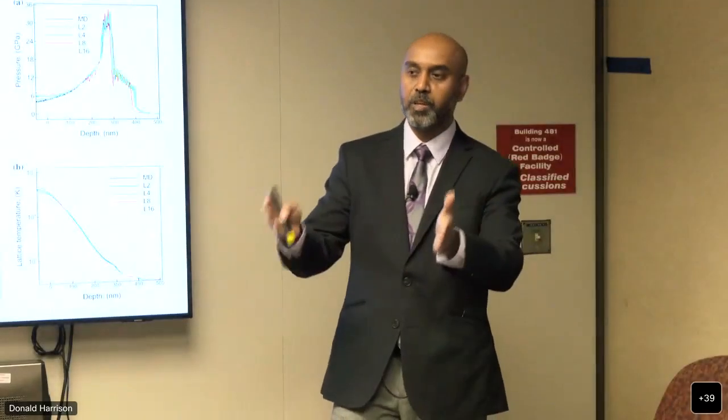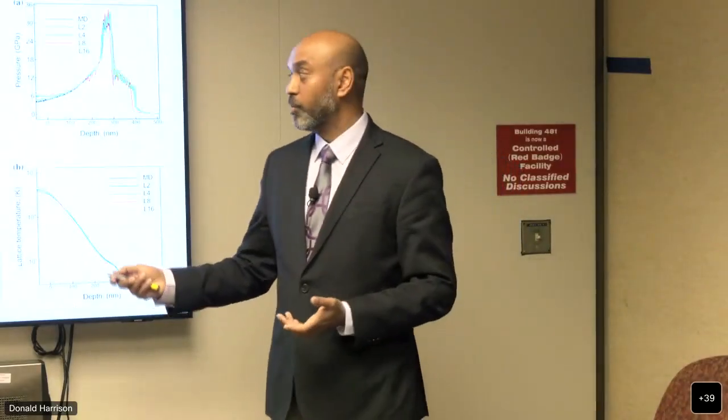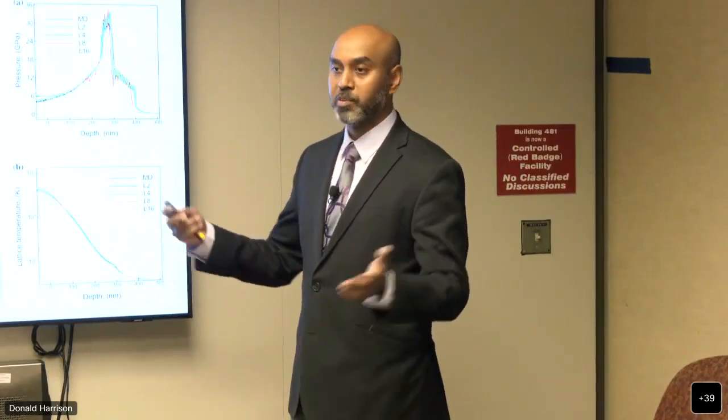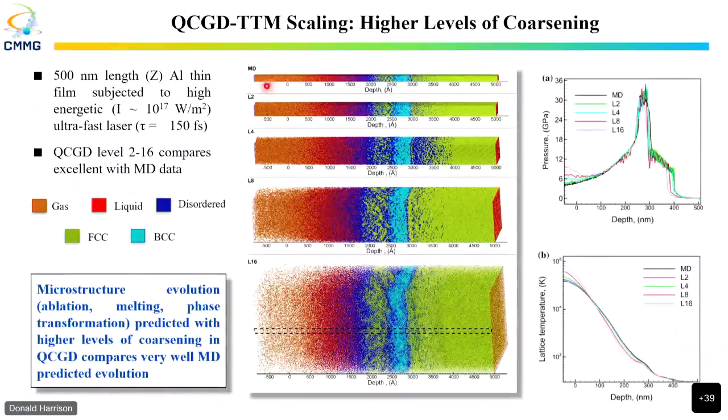So you need a certain minimum thickness of the sample to make sure the dynamics is reproducible. So whenever we are comparing with MD, we have a certain minimum size of the system as well. In all of these, you see a certain ablated fraction, you see a certain melted fraction, you see this artificial BCC phase over here in MD that is retained across all the levels of coarsening.